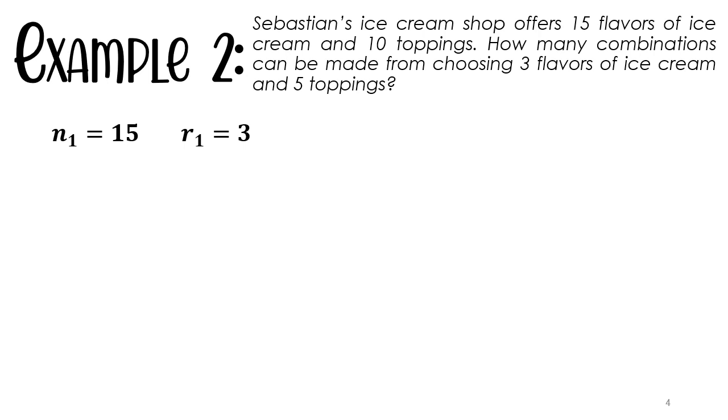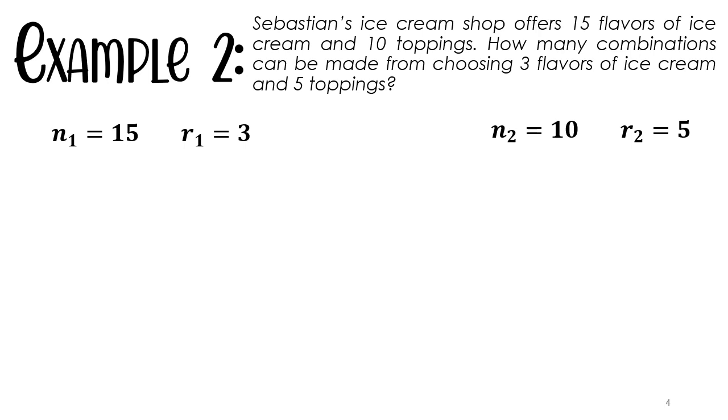For the second category, which is the toppings, our n is equal to 10 because we have 10 toppings. And out of the 10 toppings, we are going to choose 5. Therefore, the value of r is equal to 5. That's for our second category.